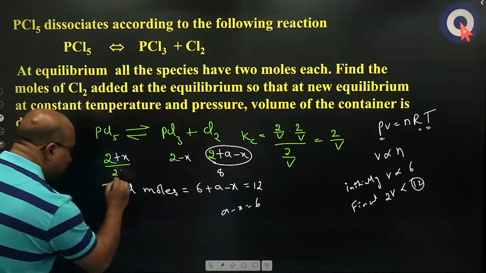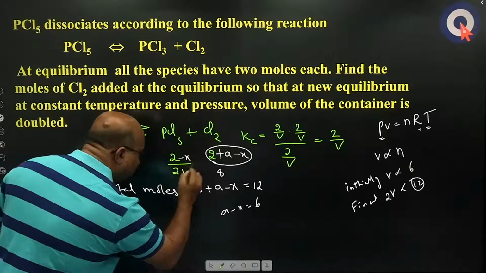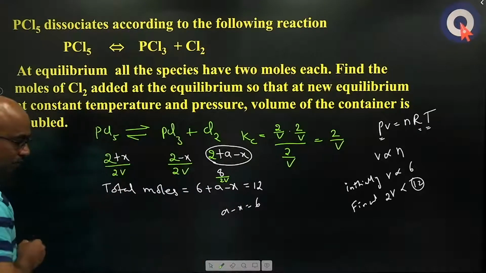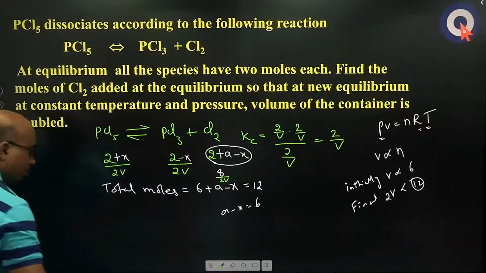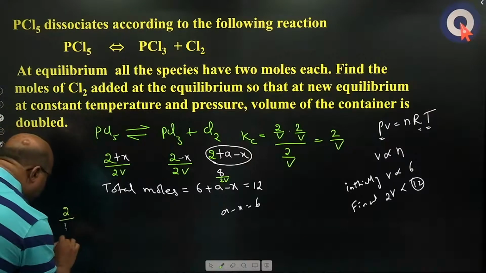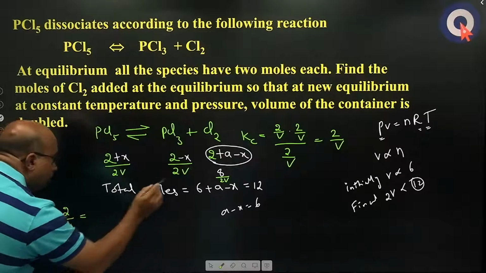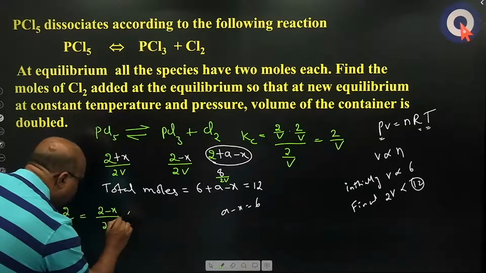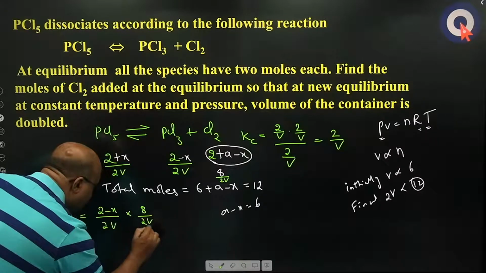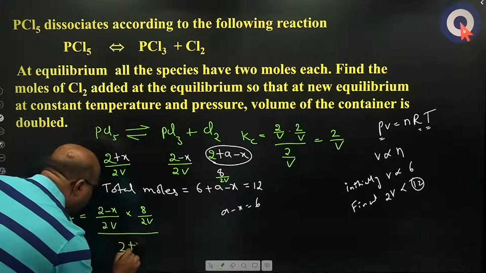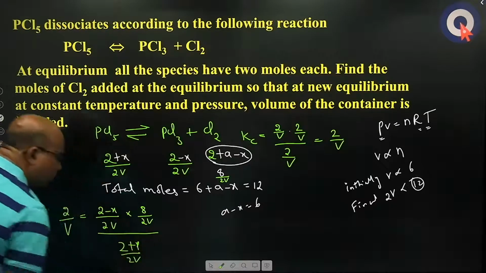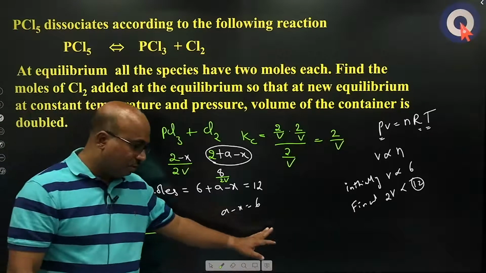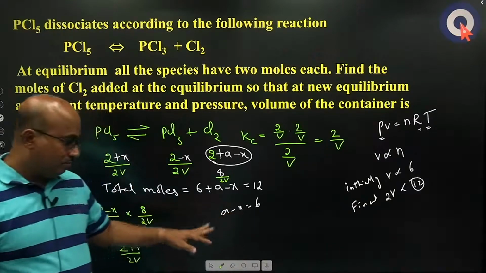It's 2 by V, it's 2V, this is 8 by 2V. So we write Kc, 2 by V, is equal to 8 by 2V into 2 minus X by 2V, divided by 2 plus X by 2V. So we will get an X. That X, if I substitute here, then I can get what A is.